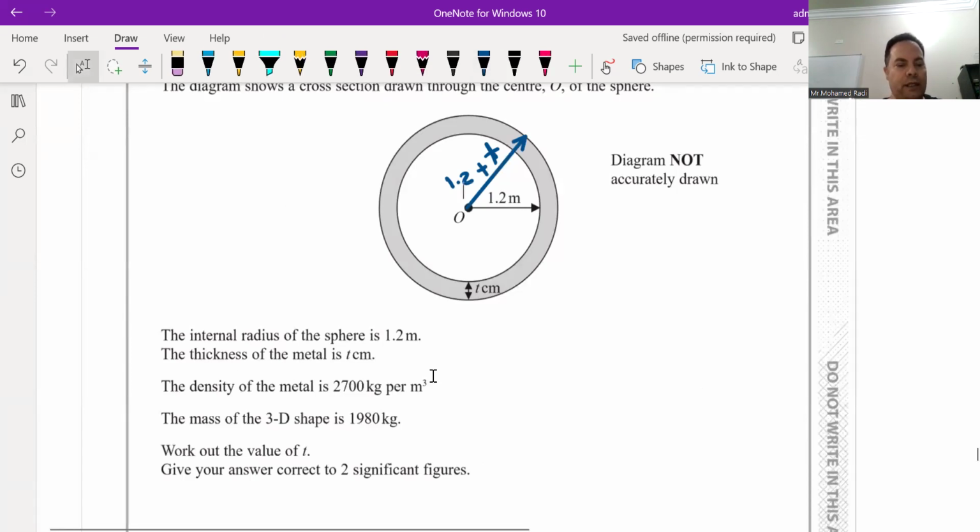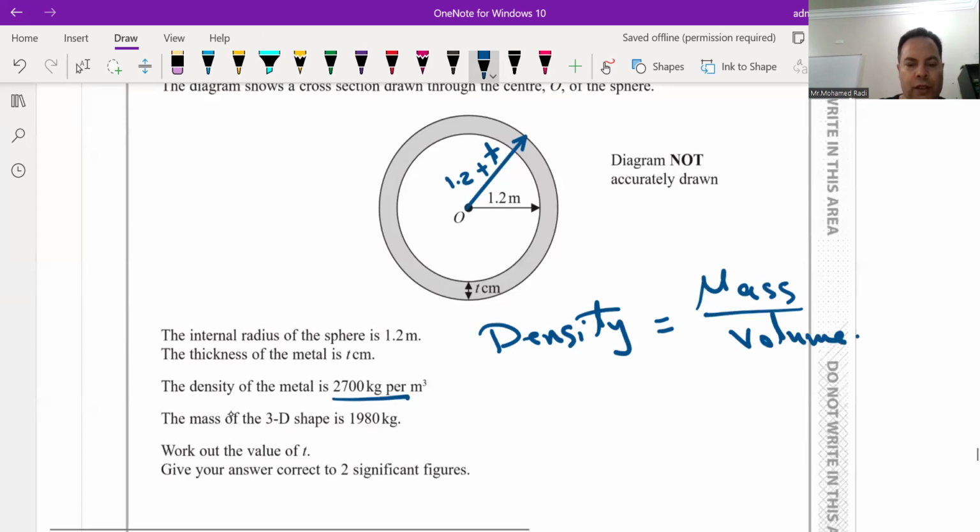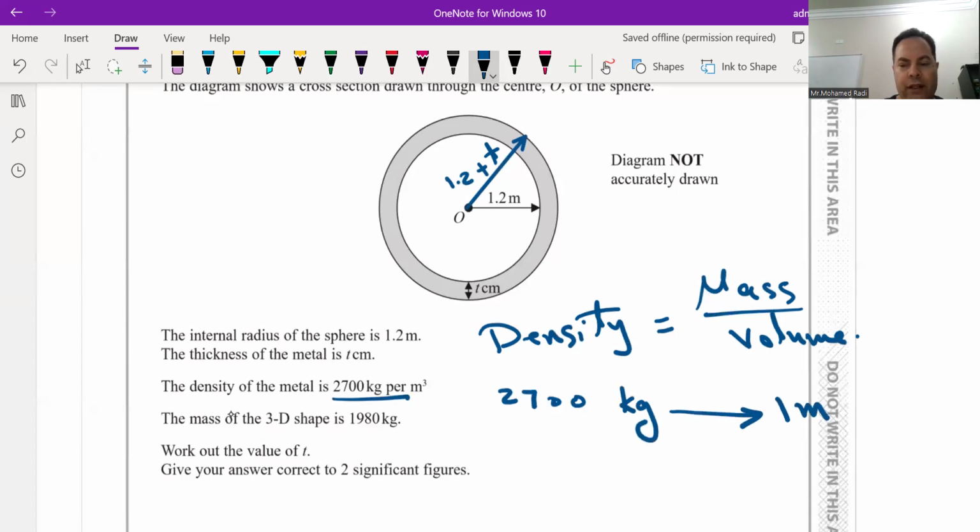The thickness of the metal is T, the density of the metal is 2,700 kilograms per meter cubed. You know that density is equal to mass over volume, or you can use a proportion like this. The mass of the 3D shape is 1980 kilograms.